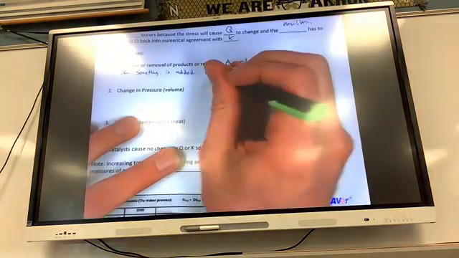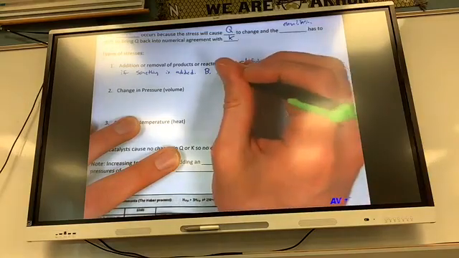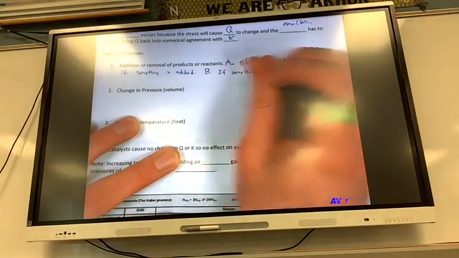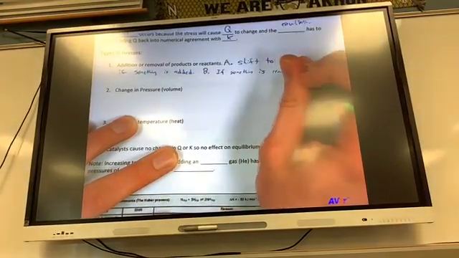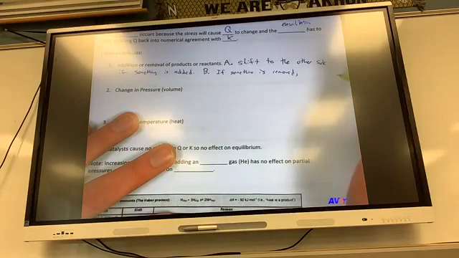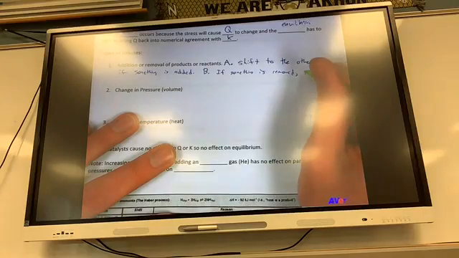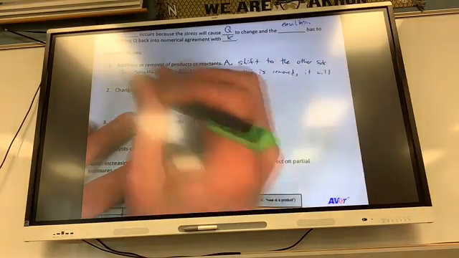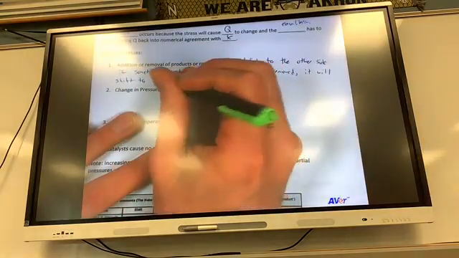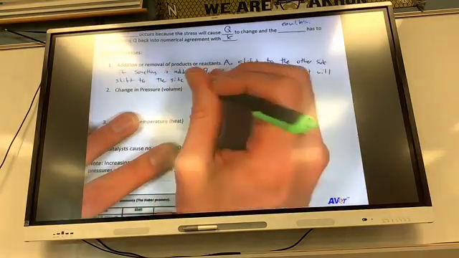Part B, you have to think about just a little bit more. If something is removed, which way will it shift? Yes, it will shift to the side it was removed from.